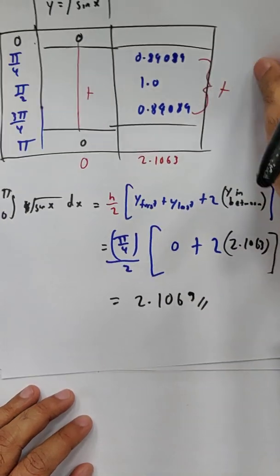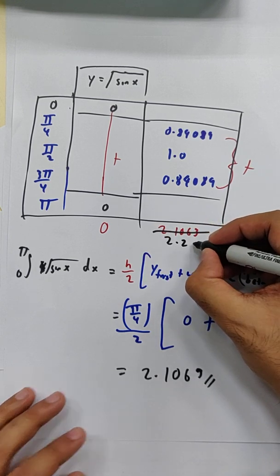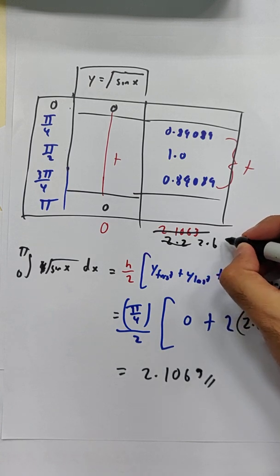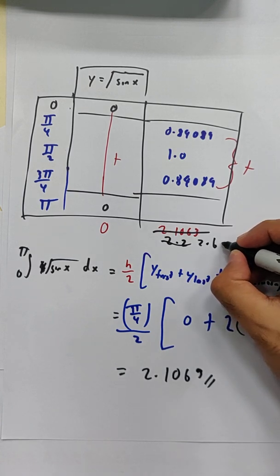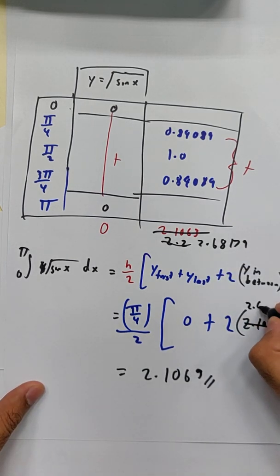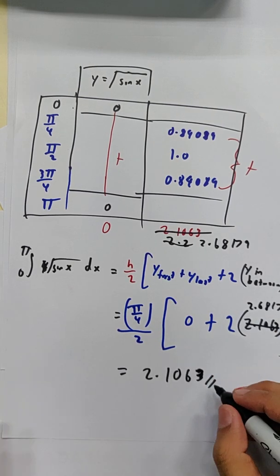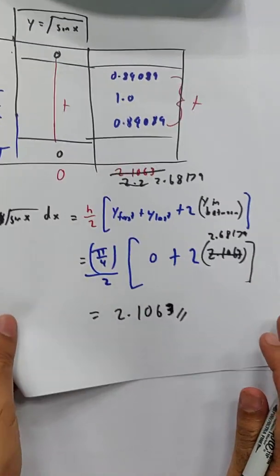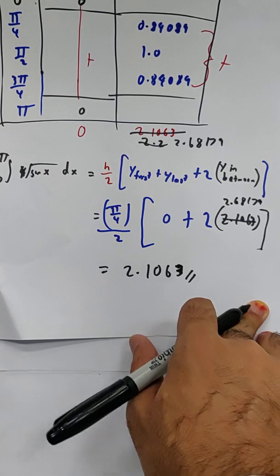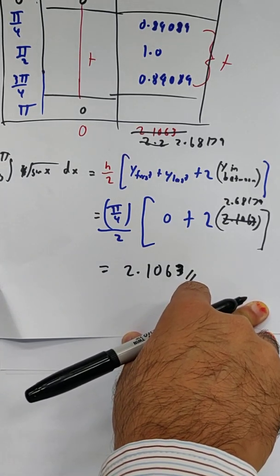My bad. 2.68179. Are you guys okay? Just memorize the steps.